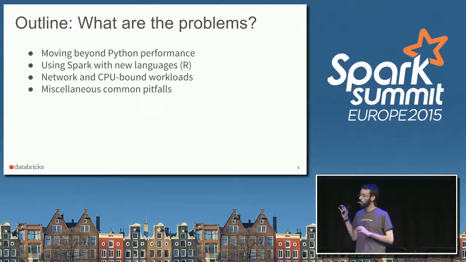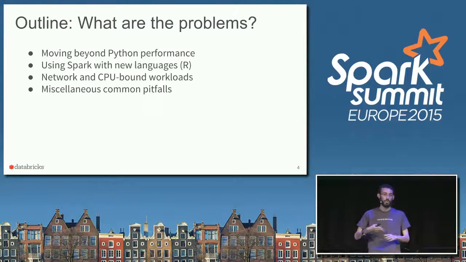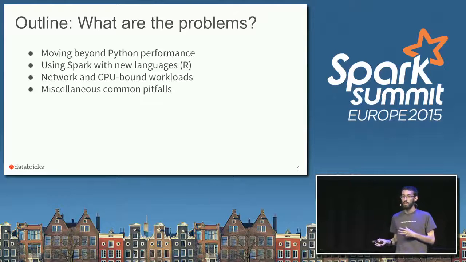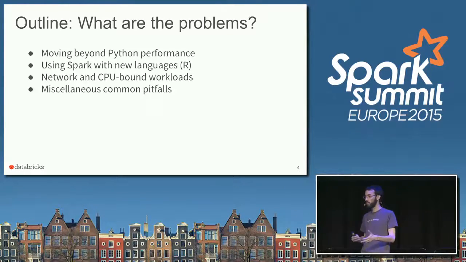The talk is going to be structured around three main problems, where I'll talk about the context, what the problems are, and what the current thinking about the solutions is. These problems are moving beyond Python performance, using Spark with new languages focused on R, and network and CPU-bound workloads. At the end, if we have some time, I'll talk about a couple of miscellaneous pitfalls which I gathered together as I made this talk.